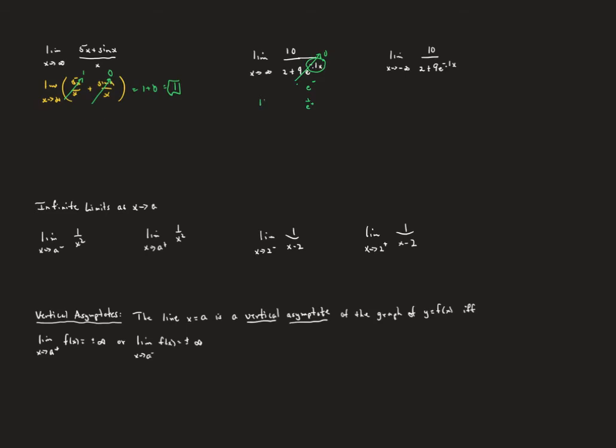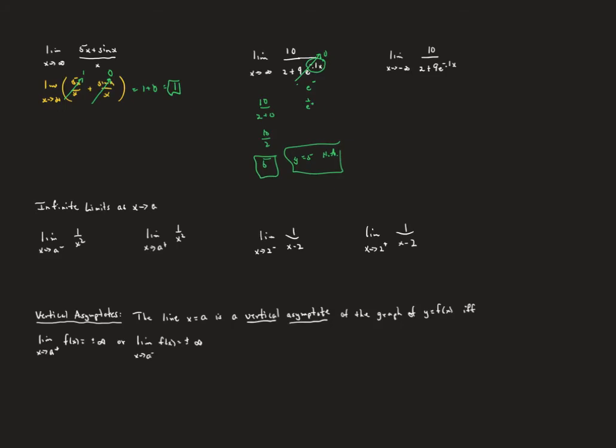So this will look like 10 over 2 plus 0, which is 10 over 2, which is 5. So our limit as x goes to infinity there is 5. This will have a horizontal asymptote to the right of y equals 5. So that's our horizontal asymptote.